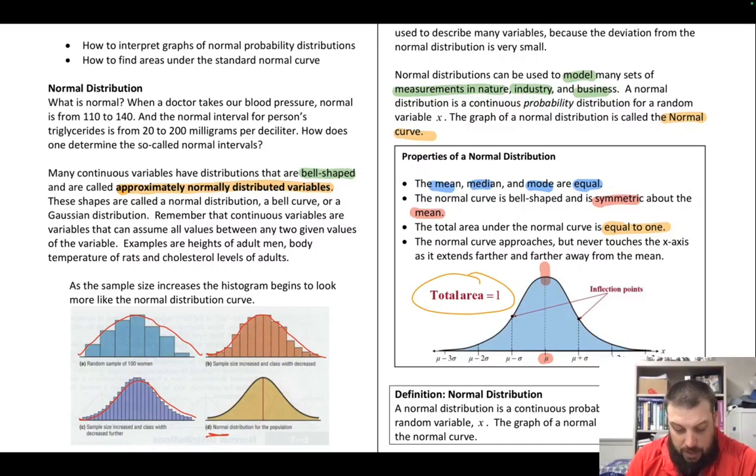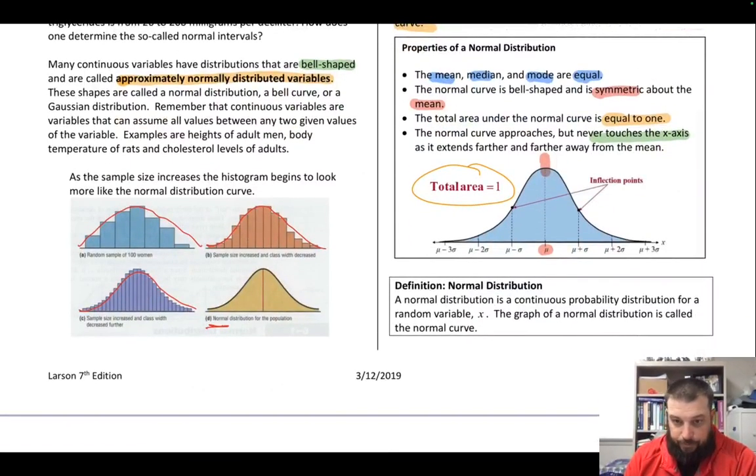One small thing, which doesn't come up a huge amount: it will never actually touch the x-axis. It gets super close as it extends further and further away from the mean, but it never touches. That's our asymptote idea, the concept of a line that gets super close to another line but never actually touches it.